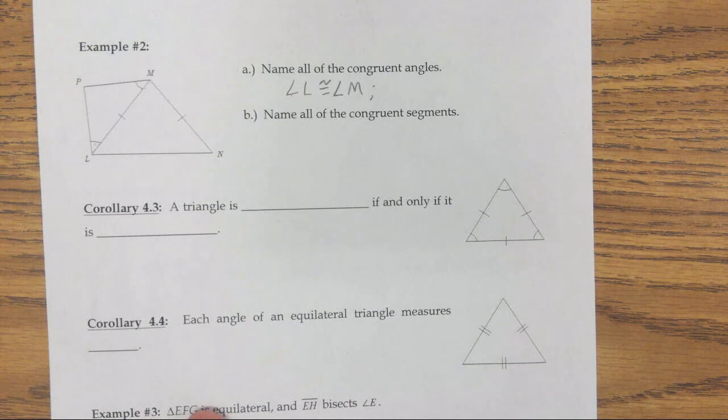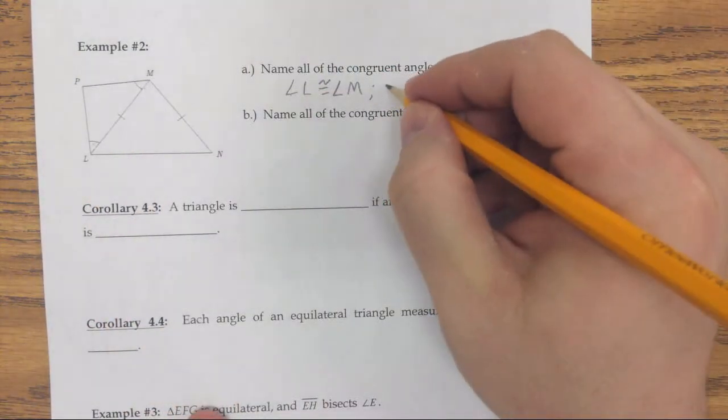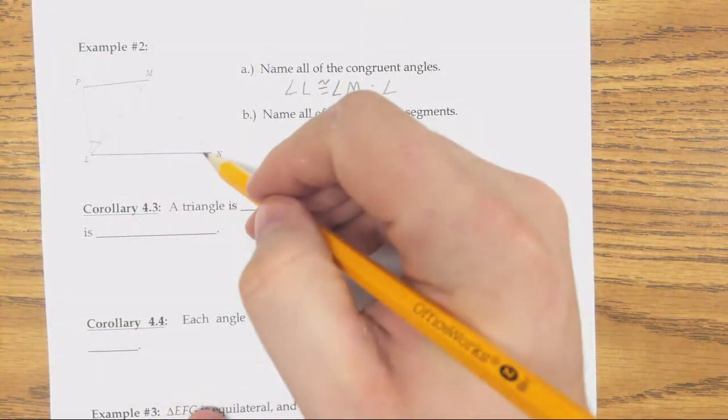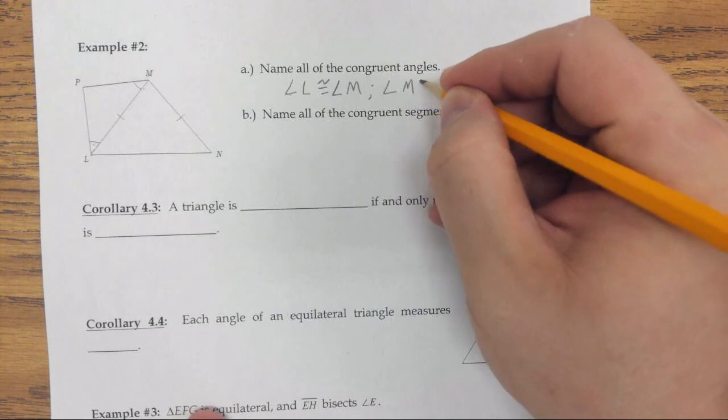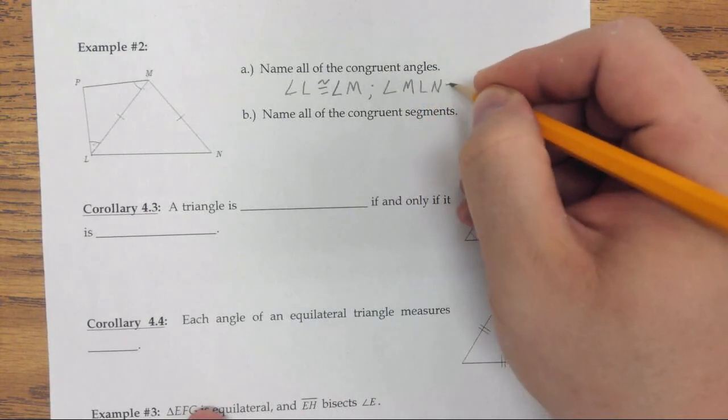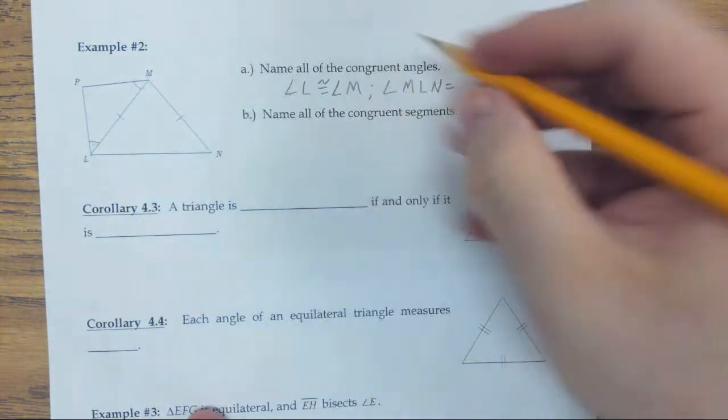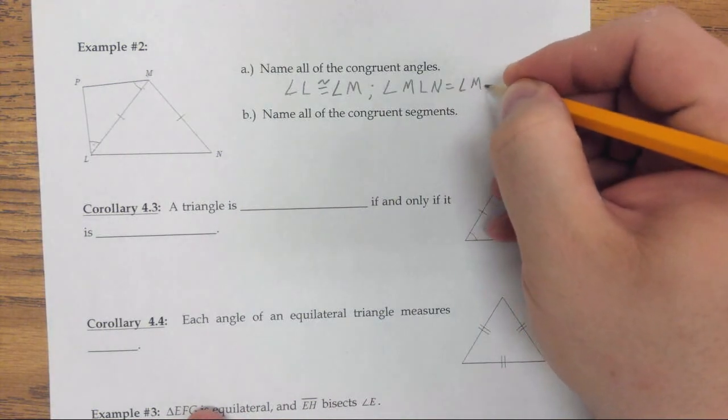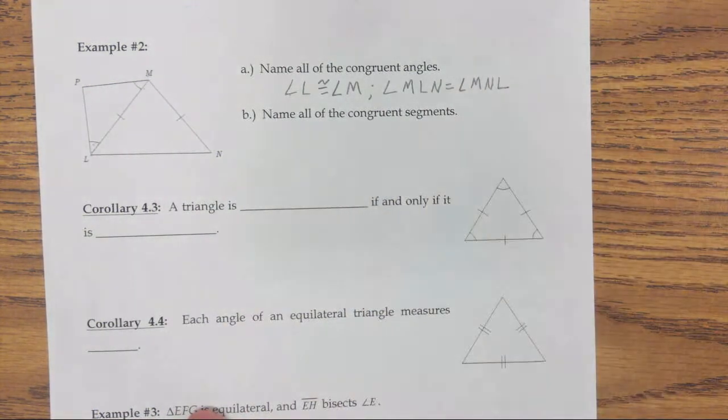Well, what else is congruent? Well, I know that by the isosceles triangle theorem that angle MLN is congruent to angle MNL. Okay, that's all I got for sure.